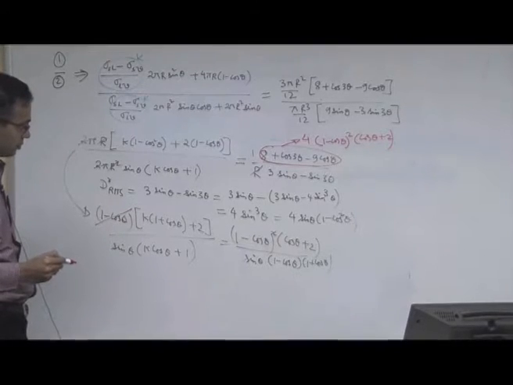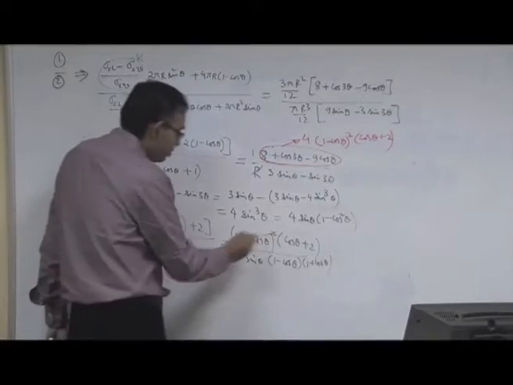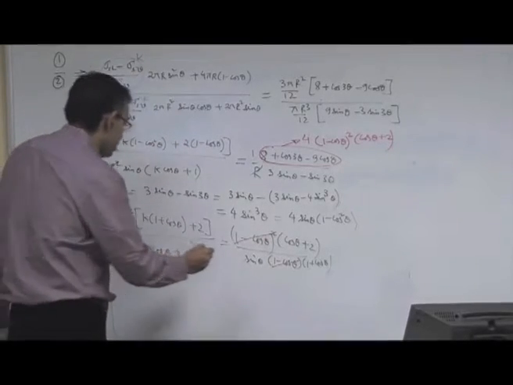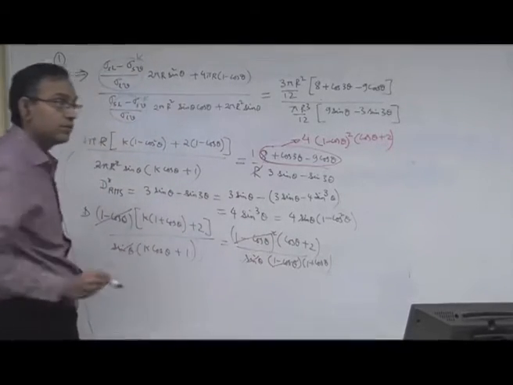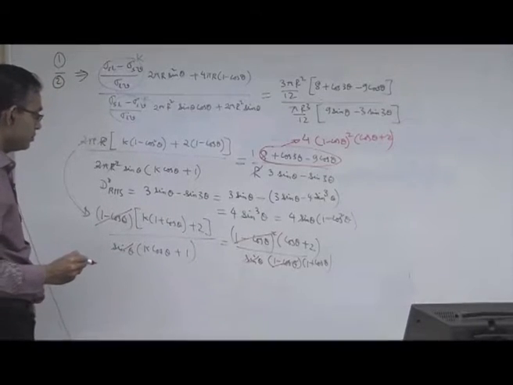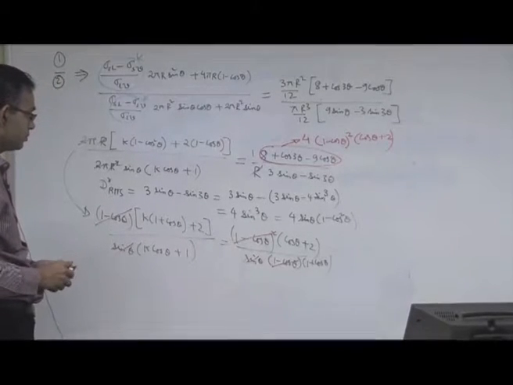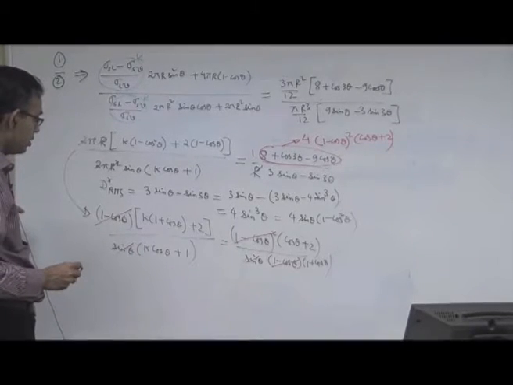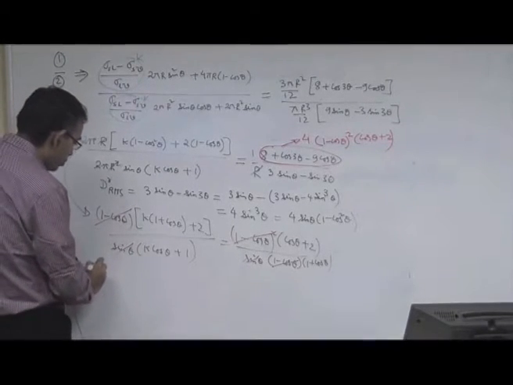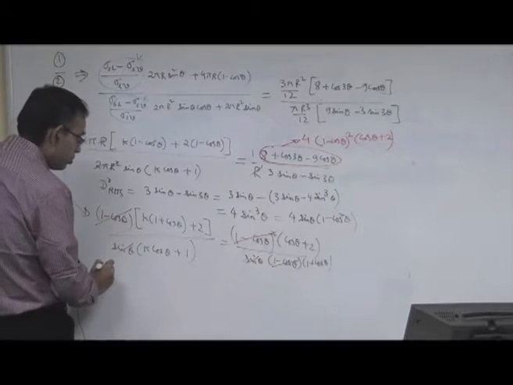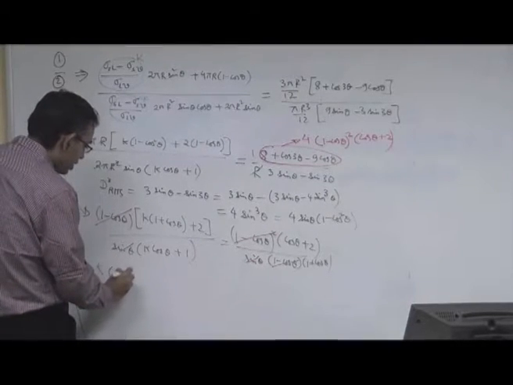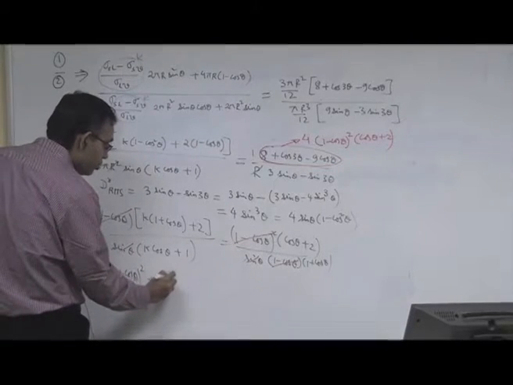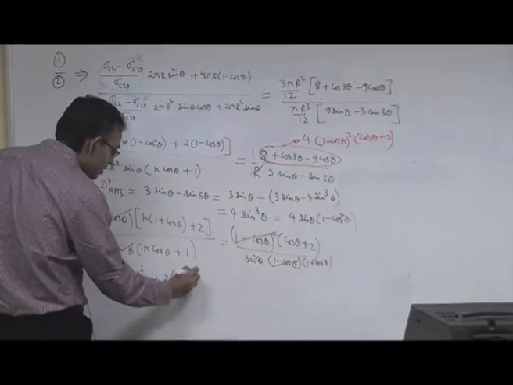Then again this (1 minus cos theta) gets cancelled and sin theta gets cancelled. So, k into (1 plus cos theta) whole square plus 2 into (1 plus cos theta).